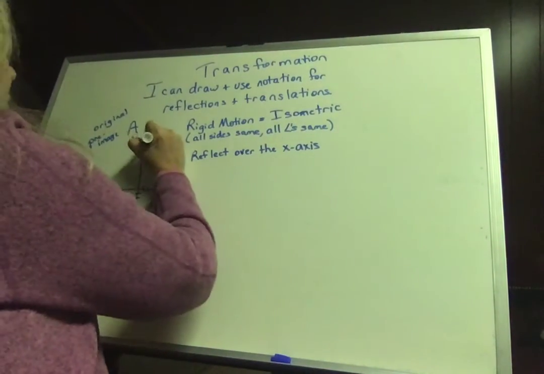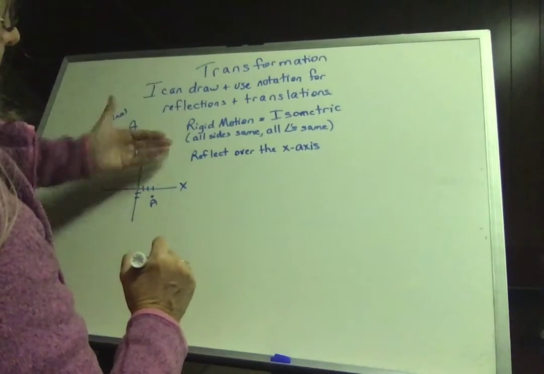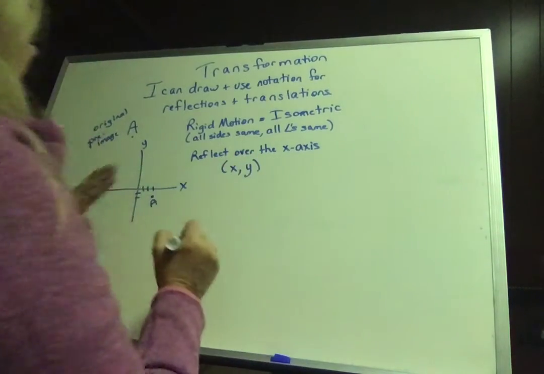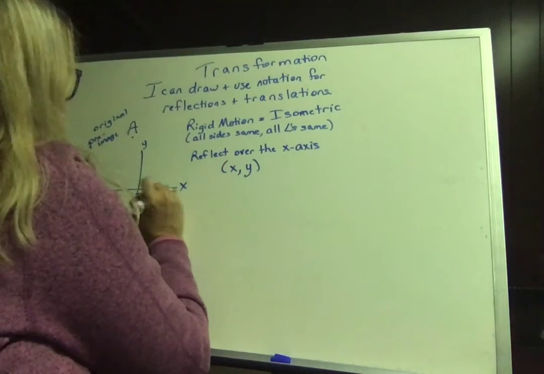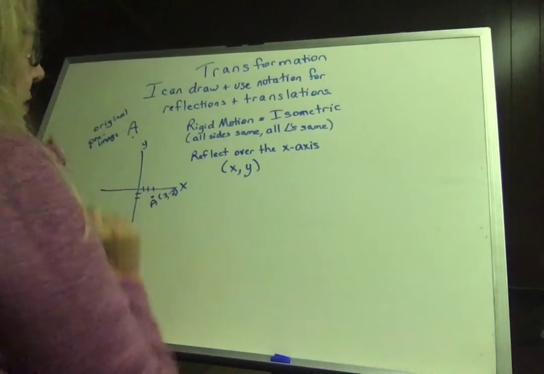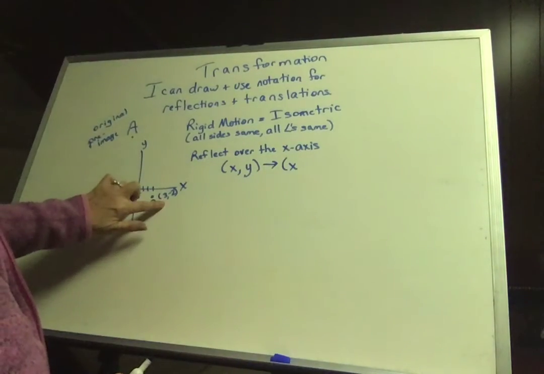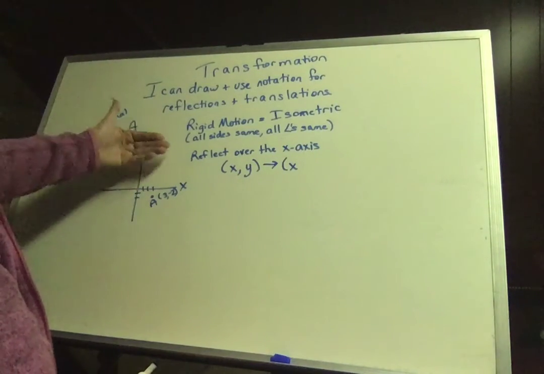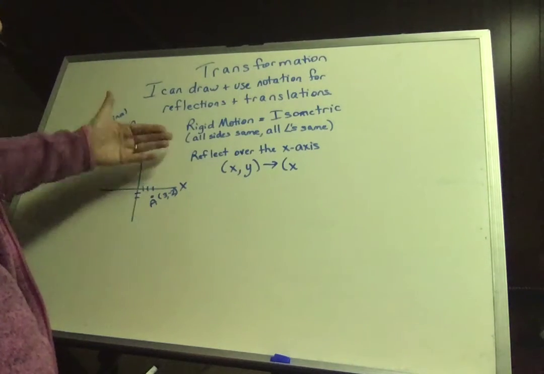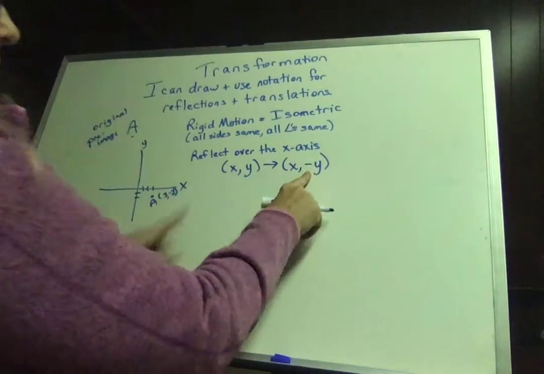This is y, and this is x, so it would flip up, wouldn't it? So the rule would be that whatever this is, and this is 3, negative 2, it still would be 3 to the right, wouldn't it? The x part of the coordinate stays the same as it flips over. But the y is no longer negative, it's positive. The y becomes the opposite.